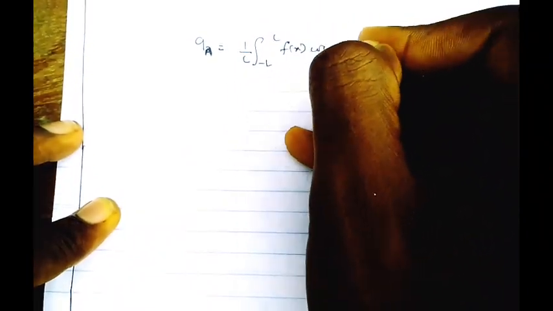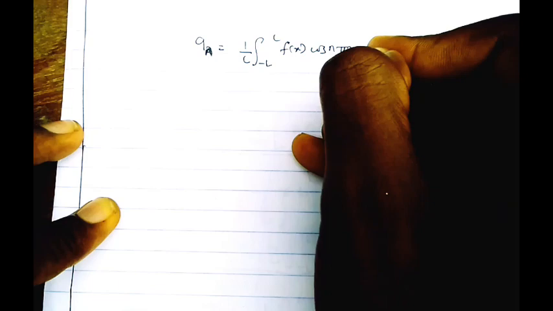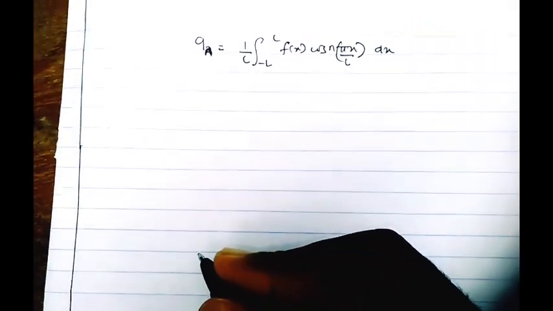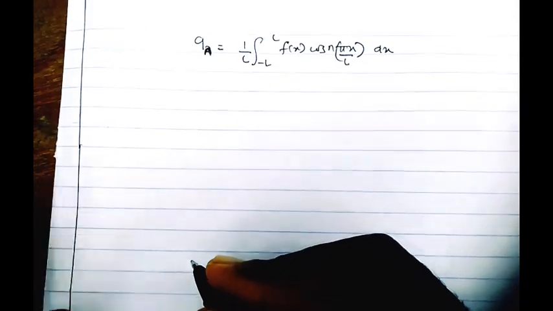So in order to calculate my a naught, from my a n, a n is given as 1 over L, calculated from minus L to L, f of x cos n pi x over L dx. The formula for a naught is where n is equal to 0. So a naught is equal to 1 over L, calculated from minus L to L of function of x.